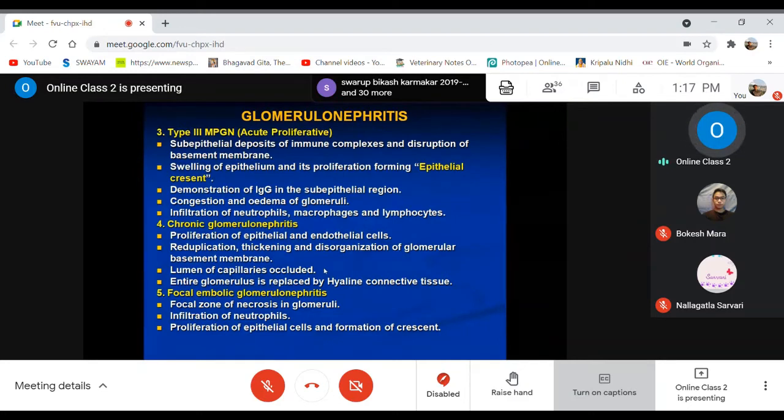Okay, so these are the 5 subtypes of glomerulonephritis basing on the mesangial cell proliferative changes. What we call MPGN, mesangial cell proliferative glomerulonephritis, right?